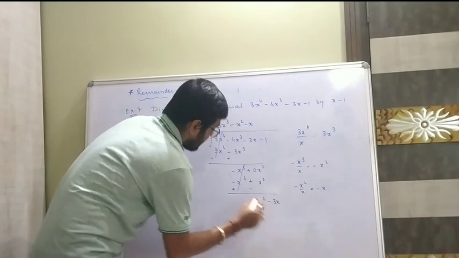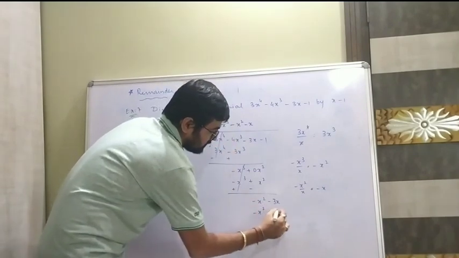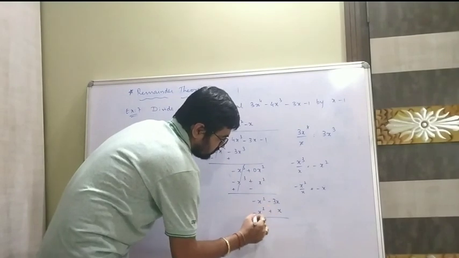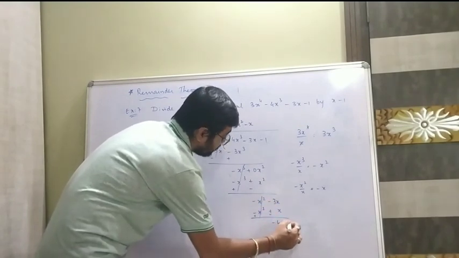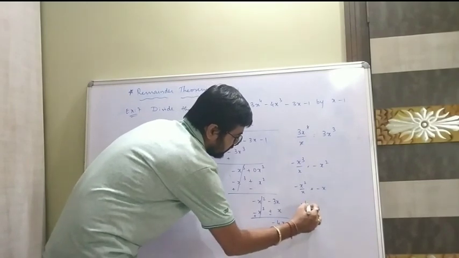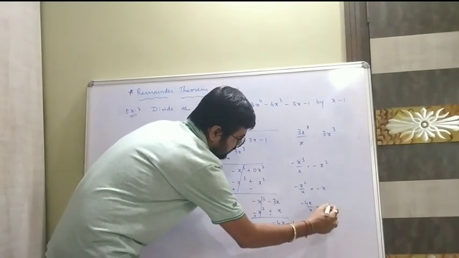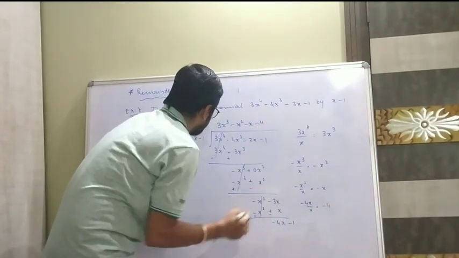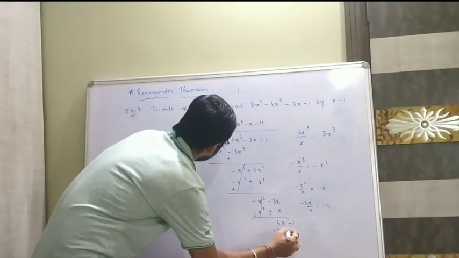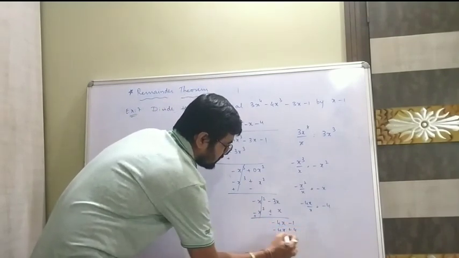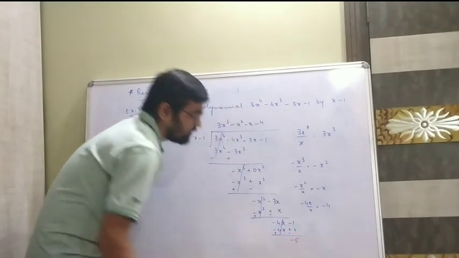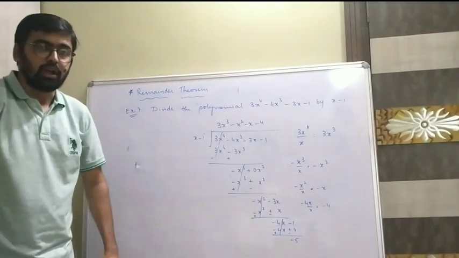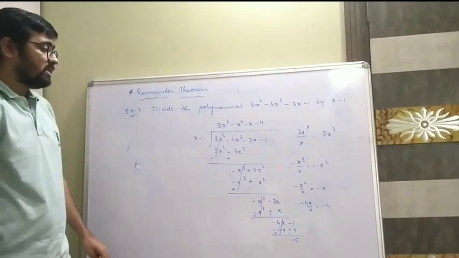So minus x square minus minus plus x, these two get cancelled, and plus x minus 3x gives minus 4x, minus 1. So minus 4x by x will be minus 4. Minus 4x minus minus plus 4, these two get cancelled, and I got remainder minus 5. What I got is remainder minus 5.